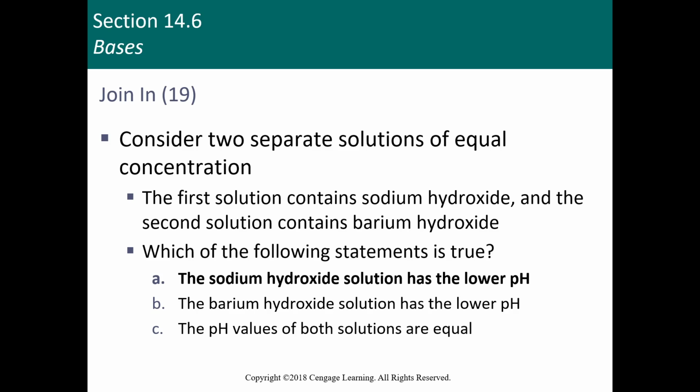The barium hydroxide is going to have 2. And so that has more OH minus ions. That means that this is going to be more basic, whereas the sodium is going to be less basic. It'll be more acidic. And so you would expect the sodium hydroxide solution to have the lower pH, which is the more acidic pH.